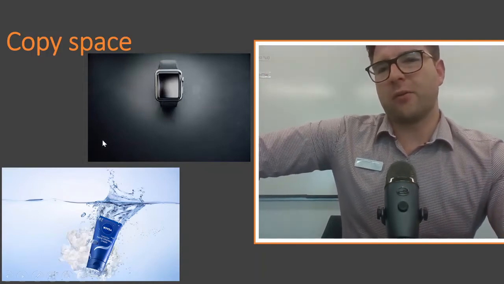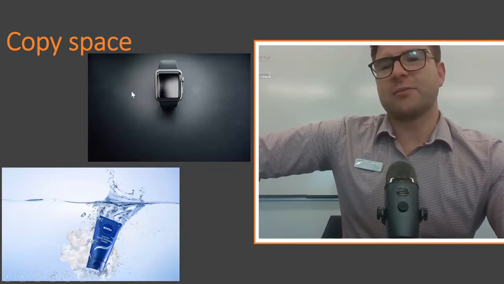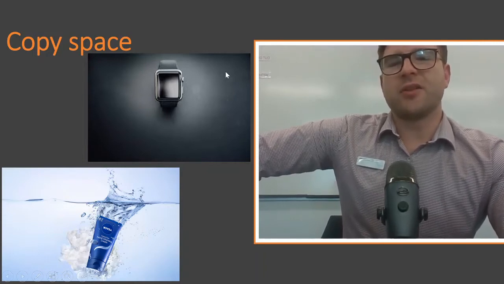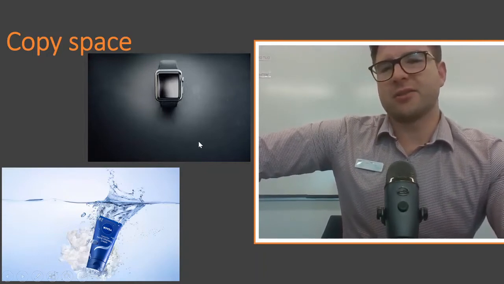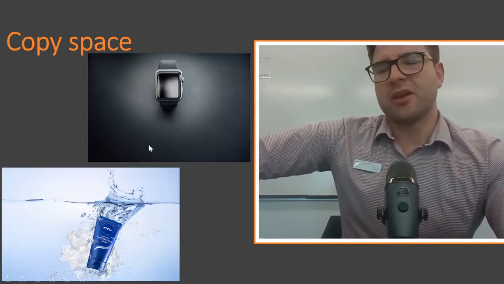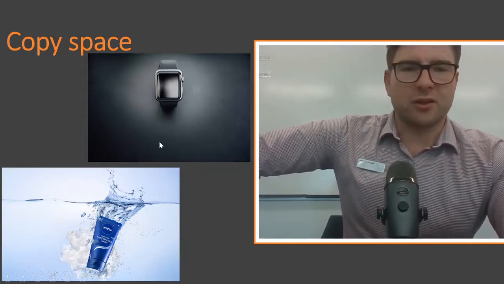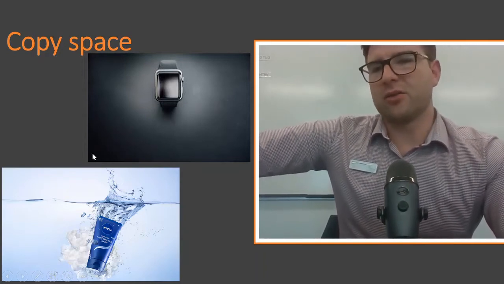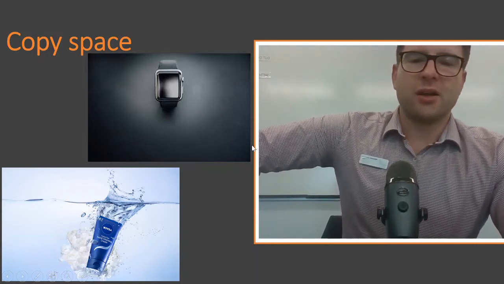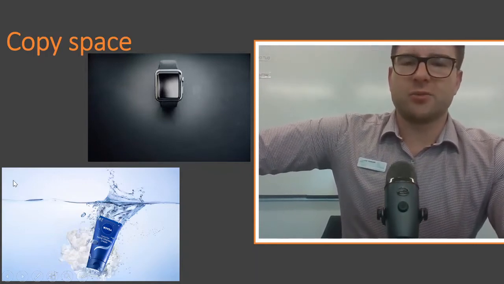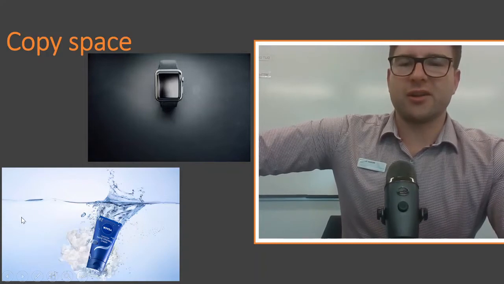So if this photo was to be used for a billboard, you'd need to be leaving space so that the designer can put text around the space of the image. Like a comment across the bottom here, like new Apple Watch, blah blah blah. Or this one here, like this product is natural, made from fresh ingredients, blah blah blah.